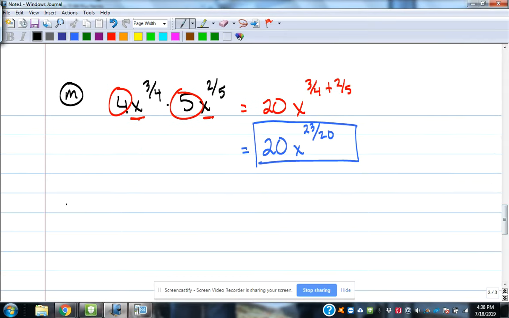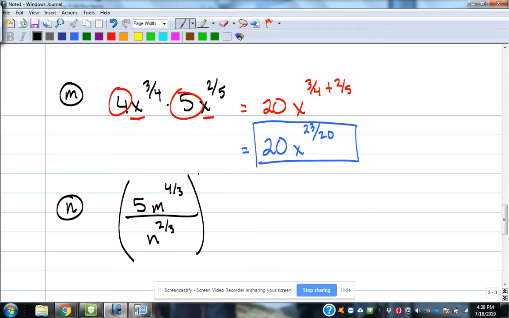Let's do this one. 5m to the 4/3 over n to the 2/3 in parentheses, and then squared on the outside, times, let's do another set of parentheses, m to the 4th over 8n to the 5th, all to the 1/3.